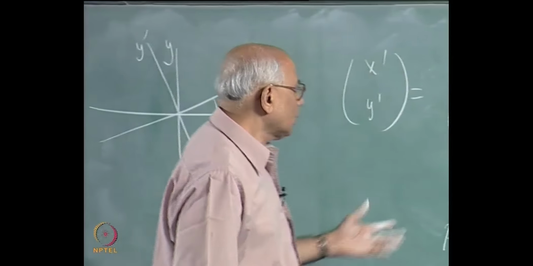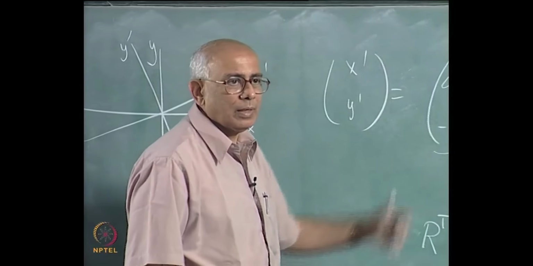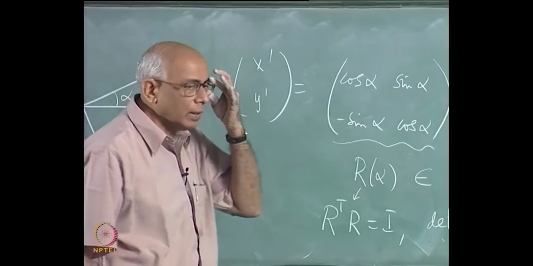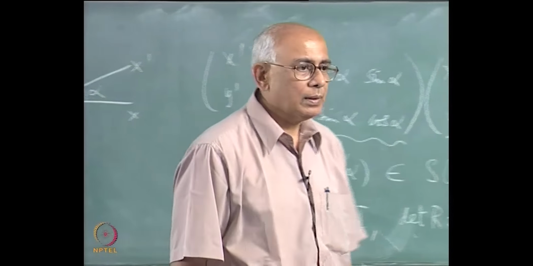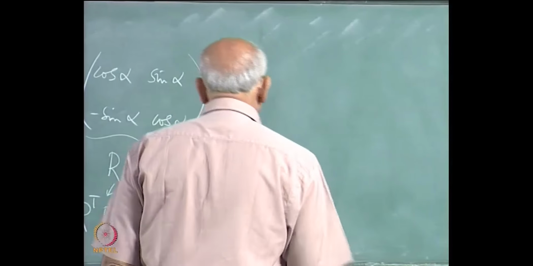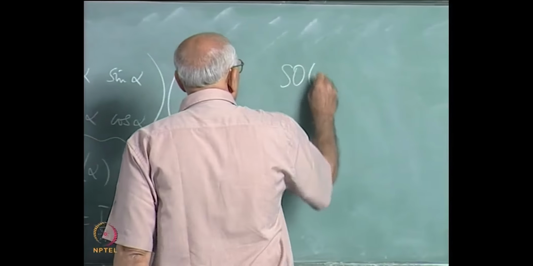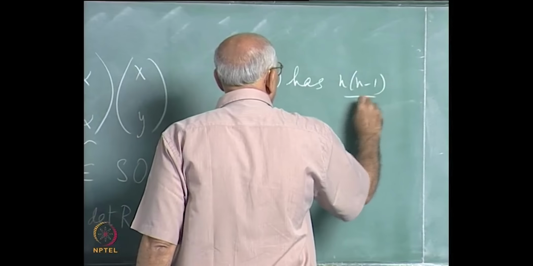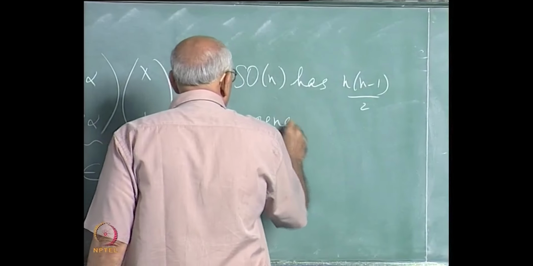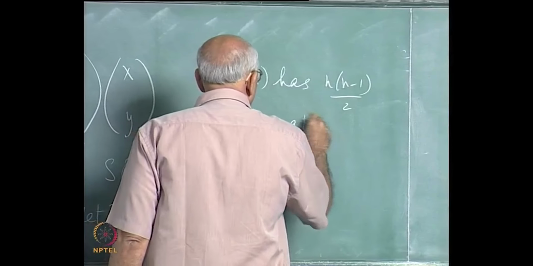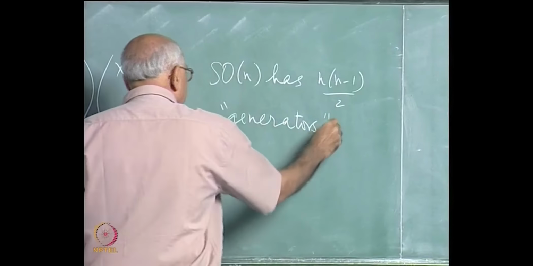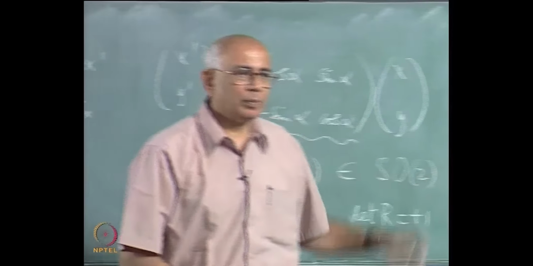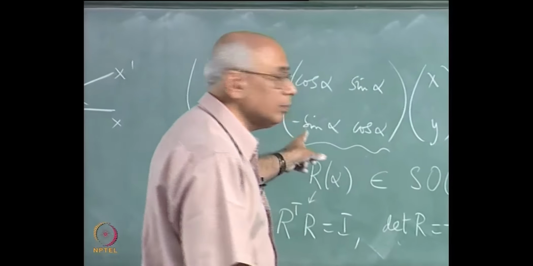This is a good example to explain what is meant by generators, so some elementary group theory, and then we will take it from this point. Let me write that down, SO(n). I will explain what is meant by generator next time using this example.